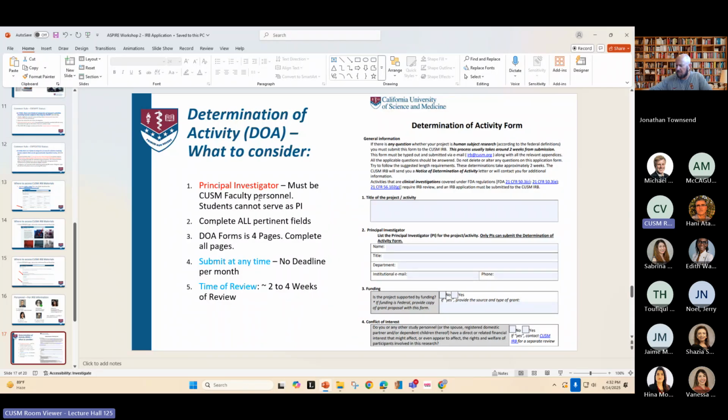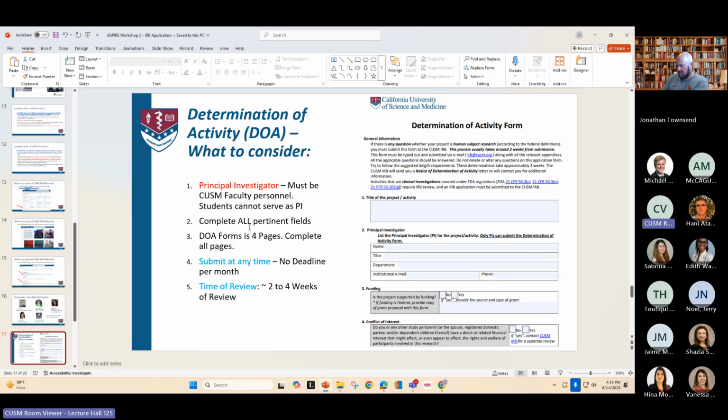You should be able to participate in writing up this application. I fully support that. The more practice you have now, the more beneficial it will be when you get into residency because you'll have to do it anyway. Okay? So the principal investigator must be CUSM faculty or CUSM affiliated personnel. Students cannot serve as a PI, unfortunately, but they can serve as research associates and research assistants on those protocols.